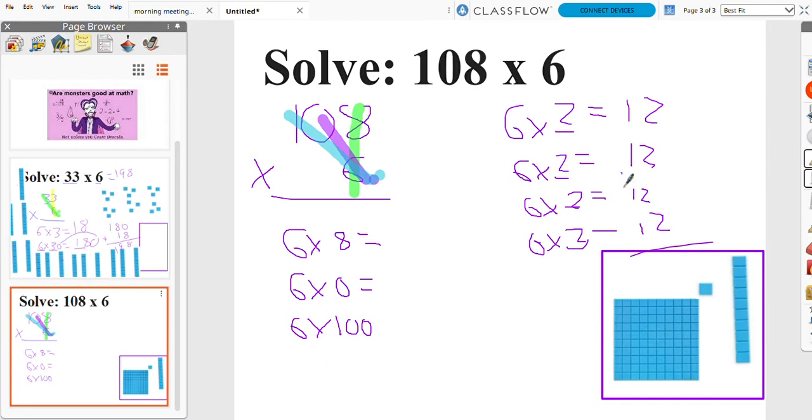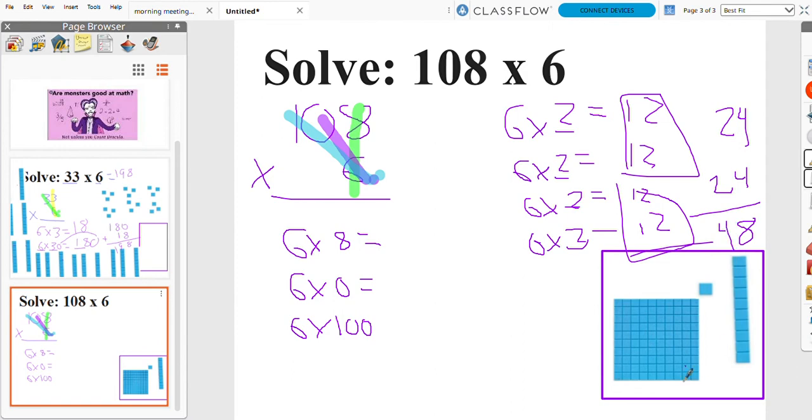I know that 12 plus 12 is 24. 12 plus 12 is 24. 24 plus 24 would be 48. That's a way that you can help use patterns and reasoning to find out these basic facts. But as Mr. Hoffman told you earlier, memorizing them sometimes is the best way.